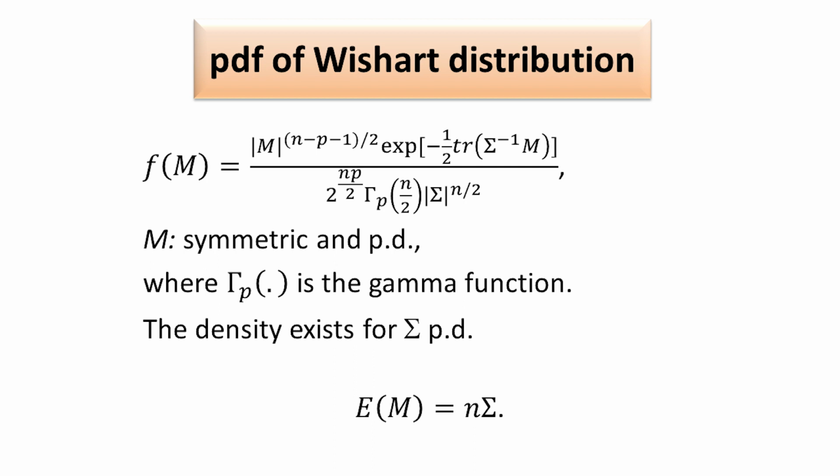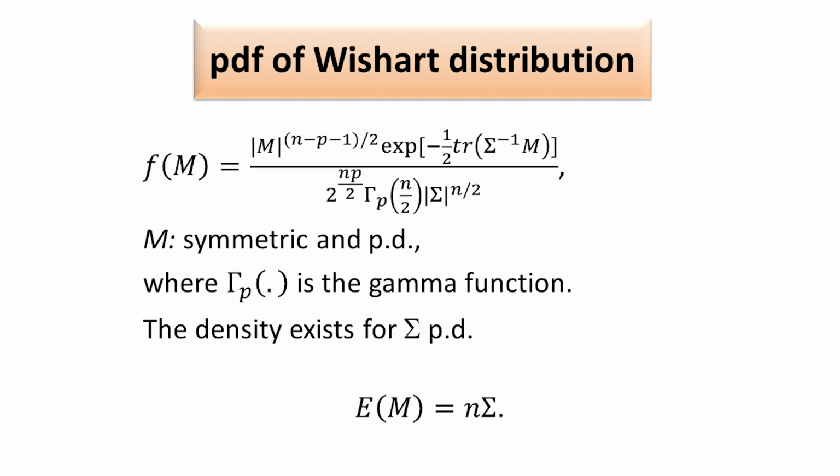The density function of M will be given by f(M), which has the expression determinant M raised to the power (n minus p minus 1) by 2, e to the power minus half trace sigma inverse M, and in the denominator we have 2 to the power np by 2, gamma p of n by 2, into determinant sigma to the power n by 2.